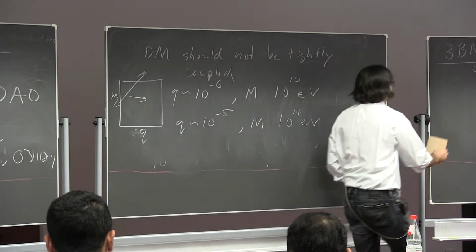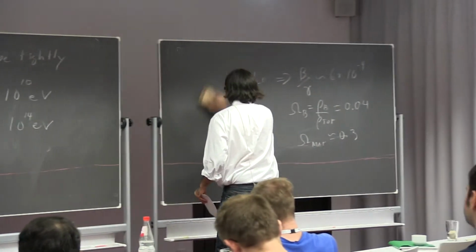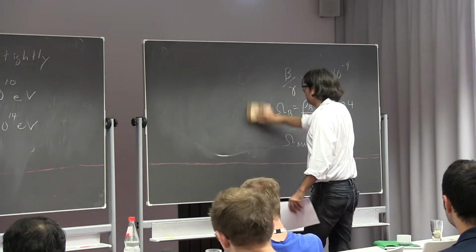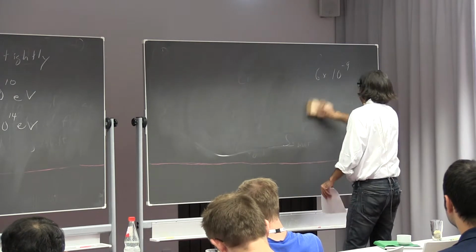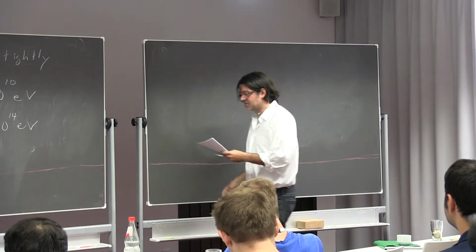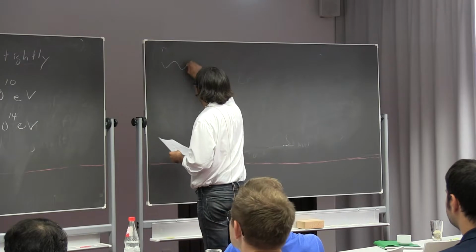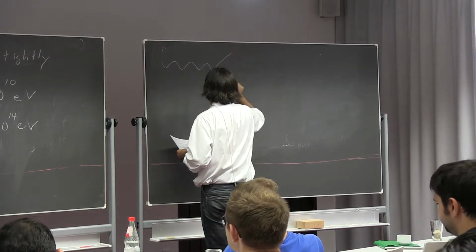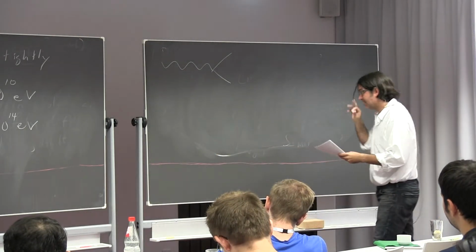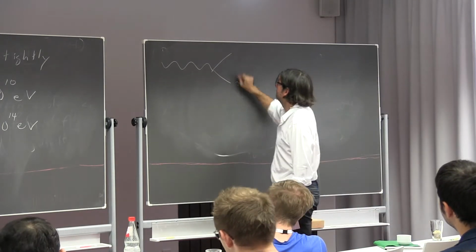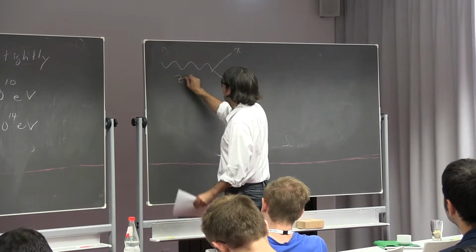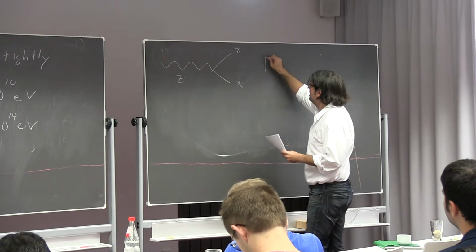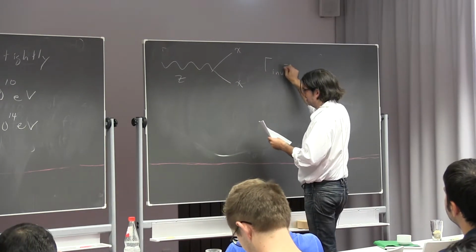We know that if it talks to the Z boson, then it could appear in the decay of the Z boson. And the invisible width of the Z boson has been measured very well.